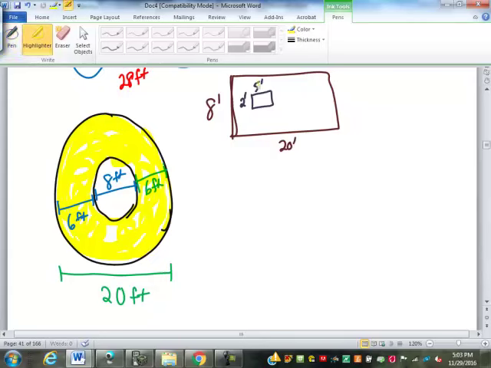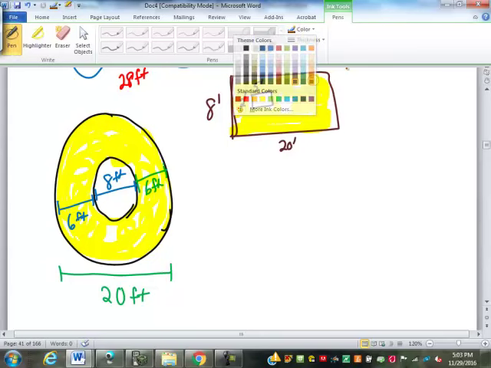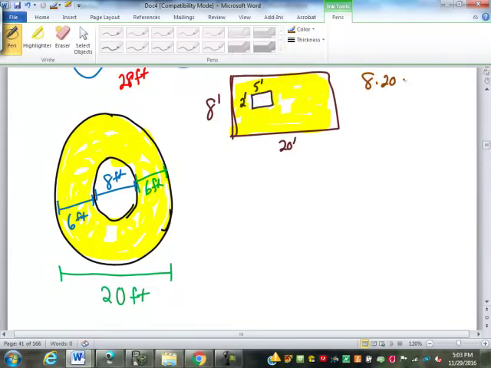And I want to know the area of everything, this area. How would I find that area? Yep. Subtract the 2 times 5. That's going to be square feet.